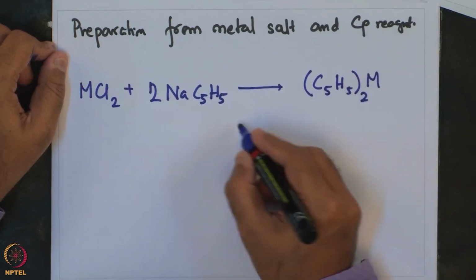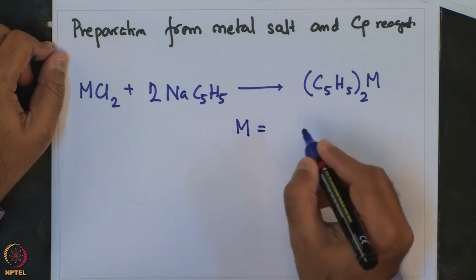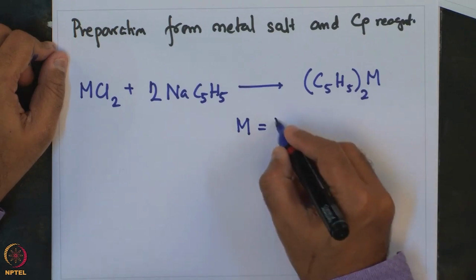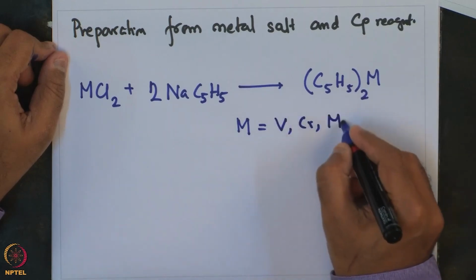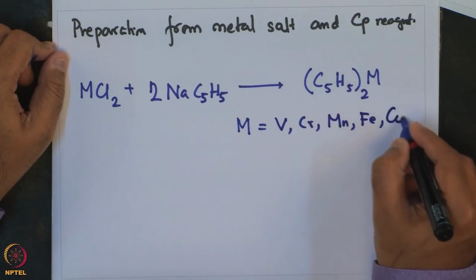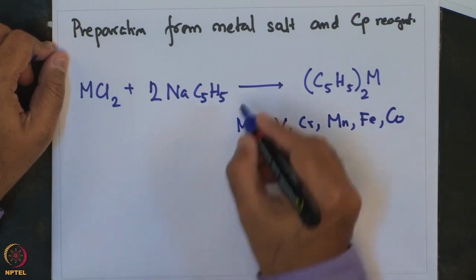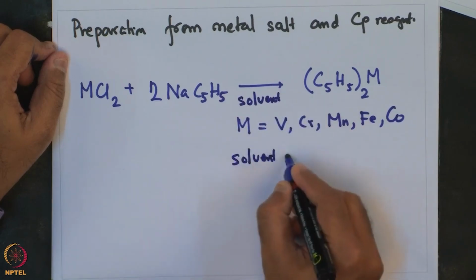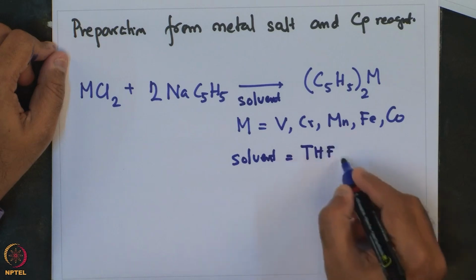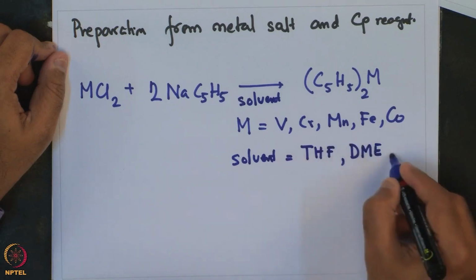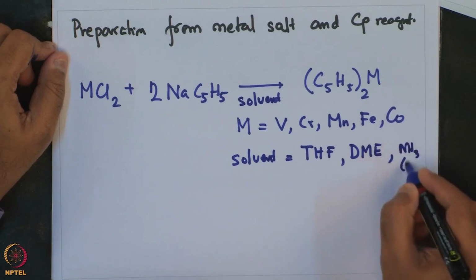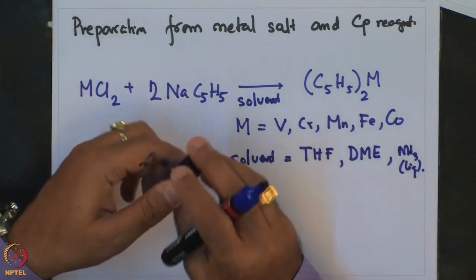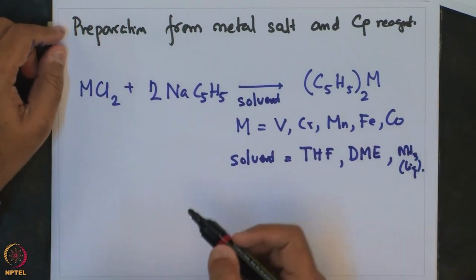This is a very common method, and can be used in preparation of various kinds of biscyclopentadienyl transition metal complexes, where M can be vanadium, chromium, manganese, iron, cobalt, and the solvents for this reaction usually are THF, DME, liquid ammonia. Okay. This is sort of an example of salt metathesis or salt exchange reactions.